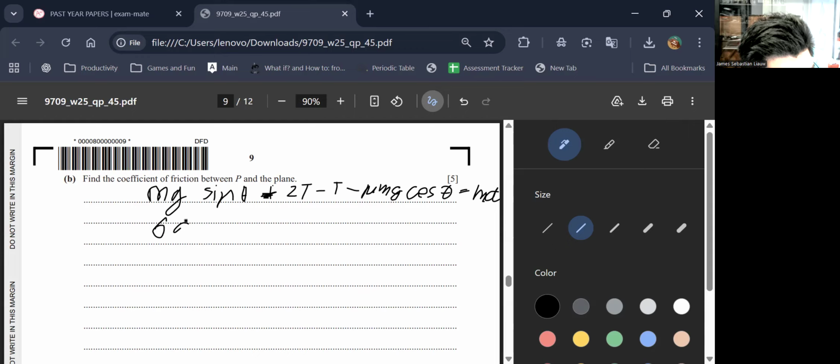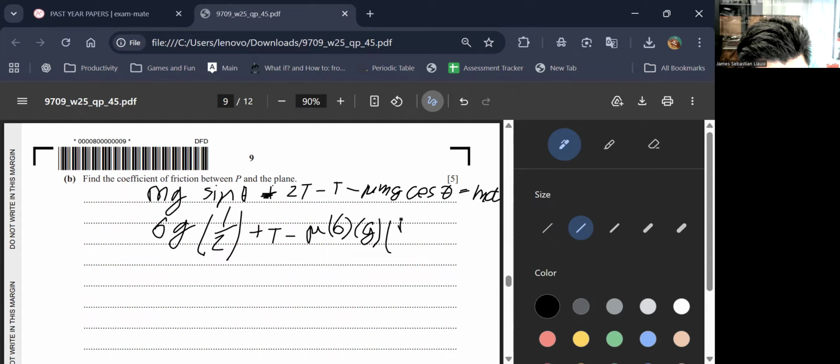We know that m is 6 and we know that theta is 30 degrees, so sin theta is half, plus T, minus mu, which is what we want to find, remember, times m which is 6 times g cos theta, where cos 30 is square root 3 over 2, is equal to ma, 6a.